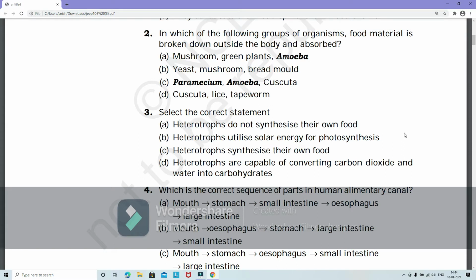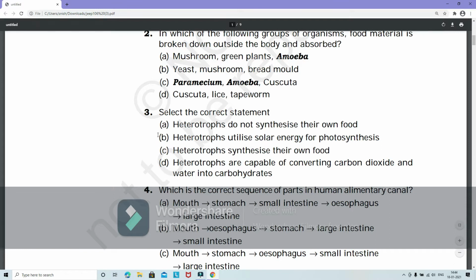So it's wrong. Next, heterotrophs synthesize their own food. It's a contradiction to the statement given in the first one, because the first one is correct. Next, heterotrophs are capable of converting carbon dioxide and water into carbohydrates. All of these are given for autotrophs actually. So the correct one is the first option, that is, they do not synthesize their own food.